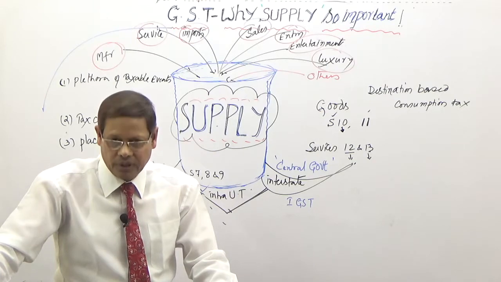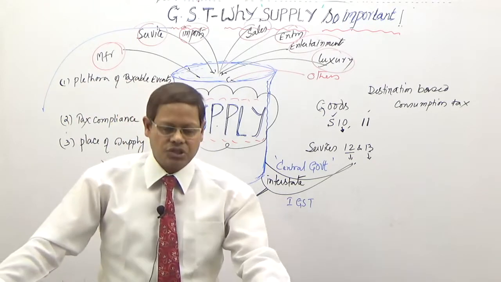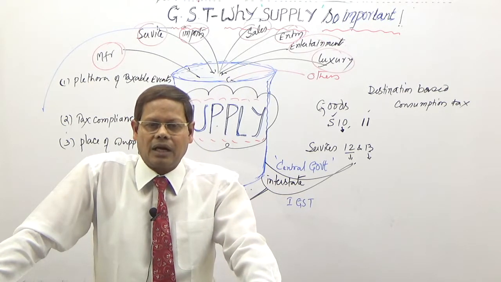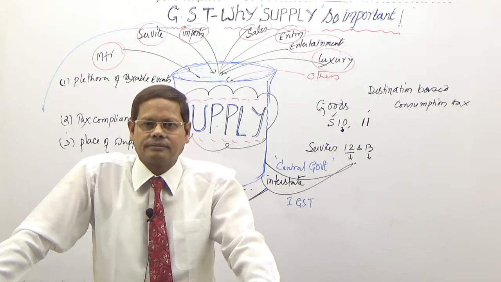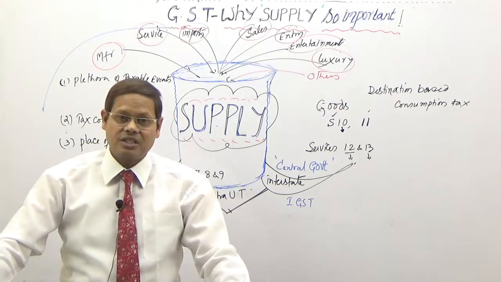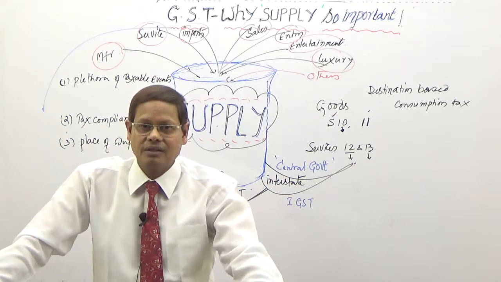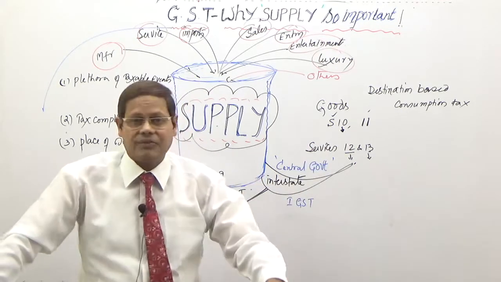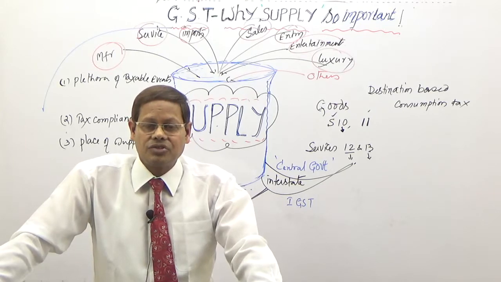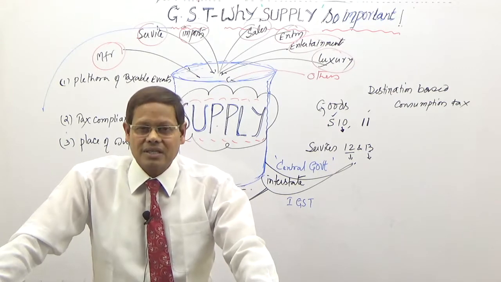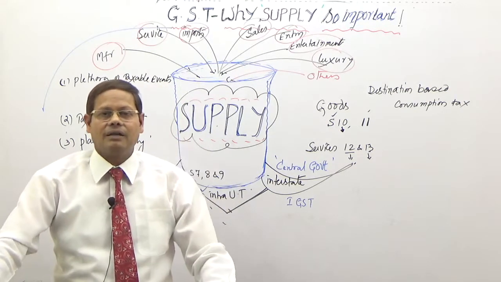So, for example, somebody supplied goods in the state of Andhra Pradesh, say Vijayawada, and the goods reached Telangana, that is Hyderabad. So from Vijayawada to Hyderabad, it is interstate supply because it is between two states. As per the guidelines, say section 10, the general principle is that the place of supply is Hyderabad, that is Telangana.